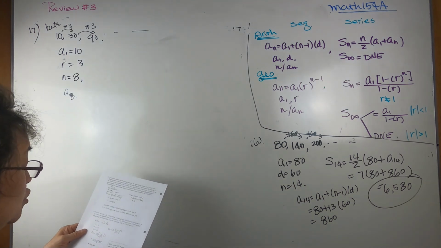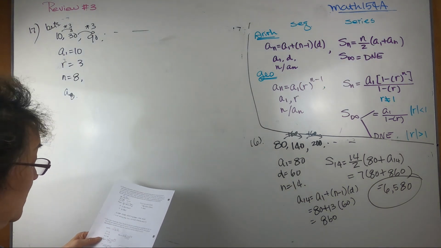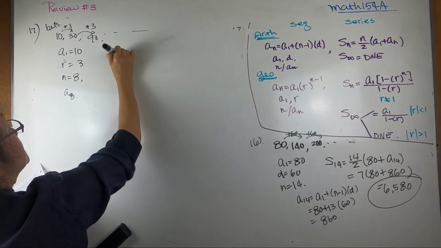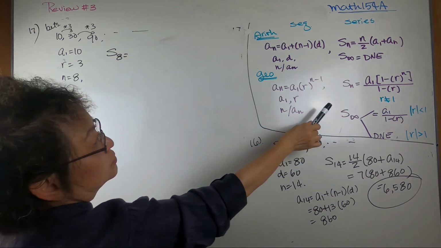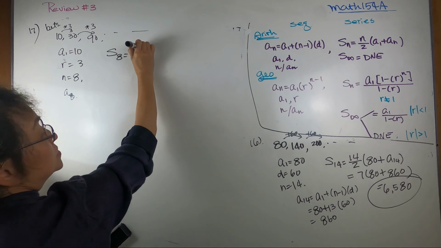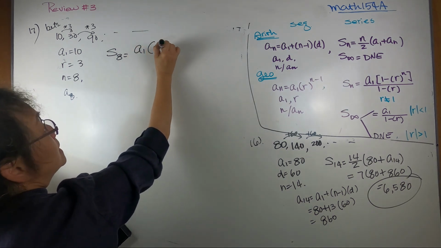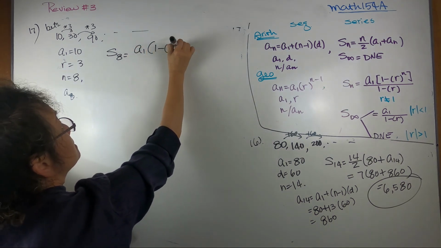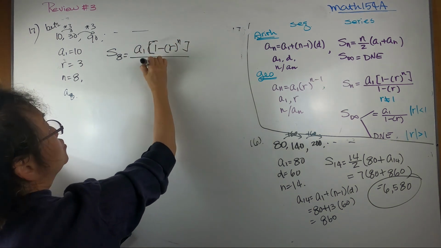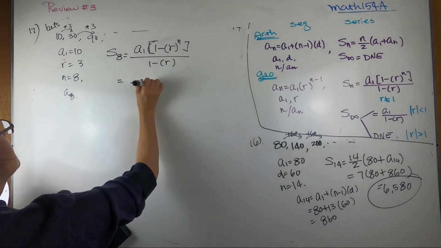How much she will lose total after 8 times. So we want to find the S8, right? We should use this formula for geometric. So S8 would be what? A1 times 1 minus R to the N, right? Over 1 minus R. So we plug in.